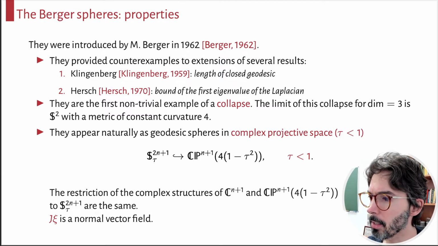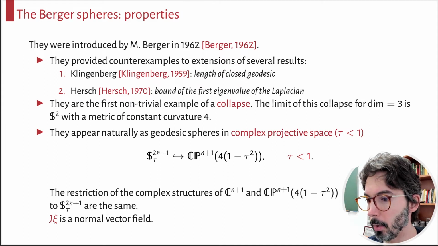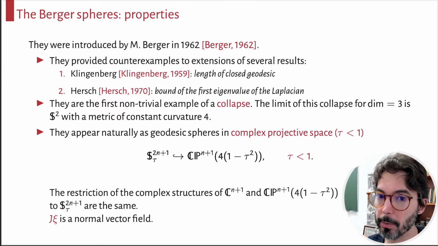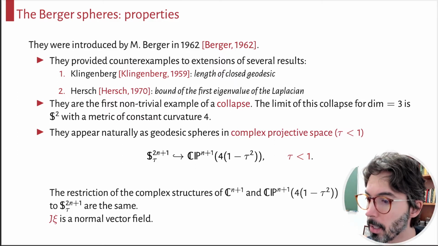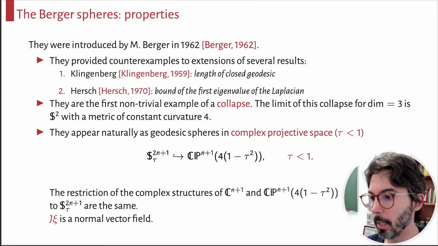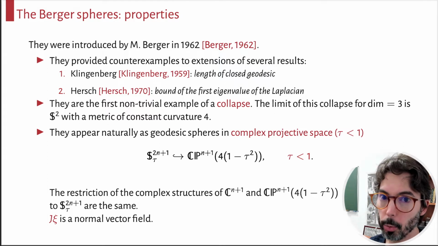Okay, in these settings, the restrictions of the complex structure of the Euclidean complex space and the complex projective space to the Berger sphere are the same. And the normal vector field to the Berger sphere in CP^(N+1) is actually just J psi. I mean, psi was the Killing field tangent to the Hopf fibers.